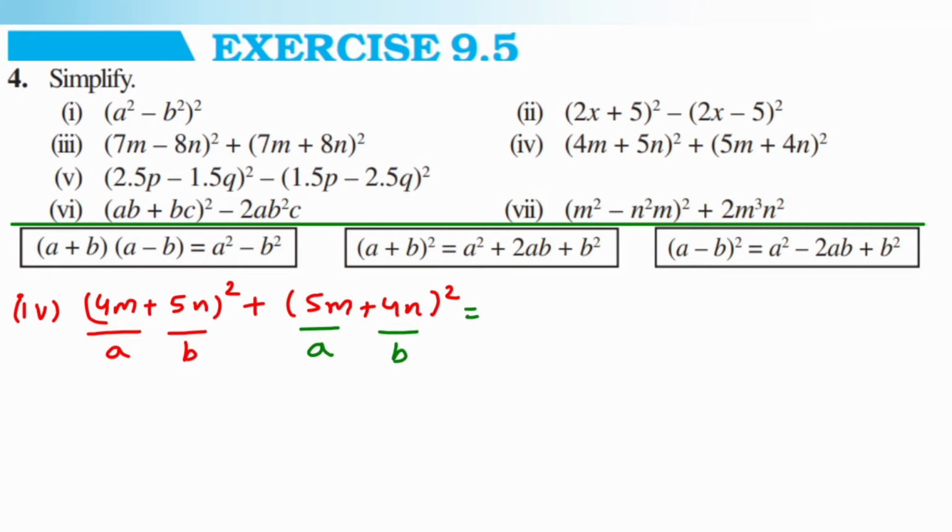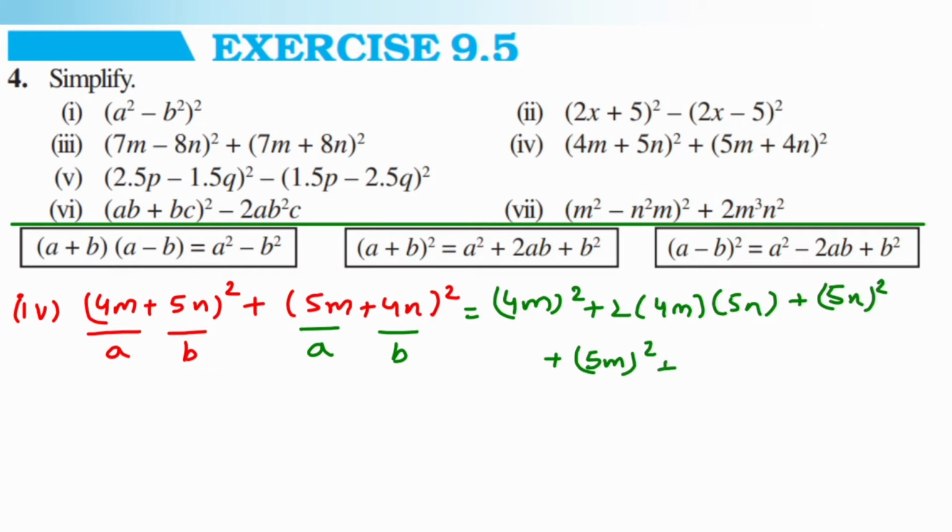So we'll get 4m square plus 2 into 4m into 5n plus 5n whole square. Then again the second part, 5m, a plus b whole square again. So 5m square plus 2 into 5m into 4n plus 4n square.